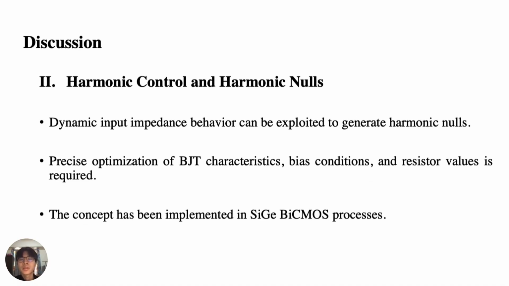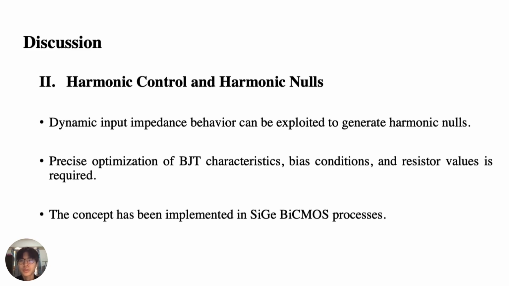Next, the second important point is distortion and Class A or B operation. This circuit operates in a Class A-like mode for small signals, where both sides conduct the bias current, providing good linearity. For large signals, the operation transitions toward a Class B-like behavior, where the output current is steered to one side depending on the input polarity.